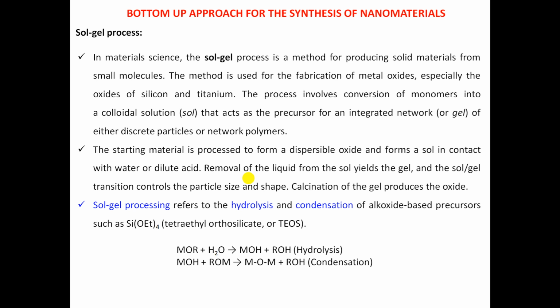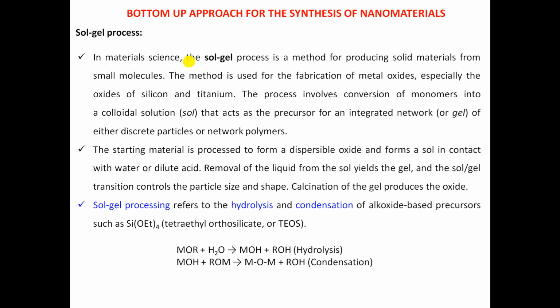Calcination of the gel produces the oxides. Sol-gel processing refers to the hydrolysis and condensation of alkoxide. In material science, the sol-gel process is a method for producing solid material from small molecules.